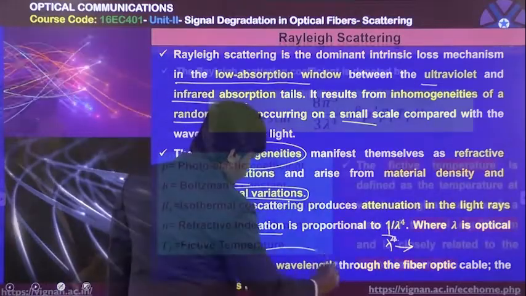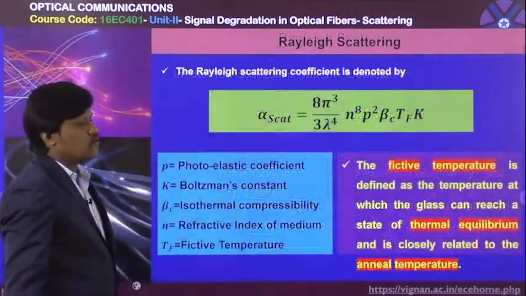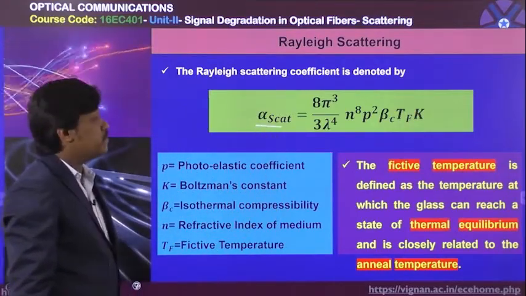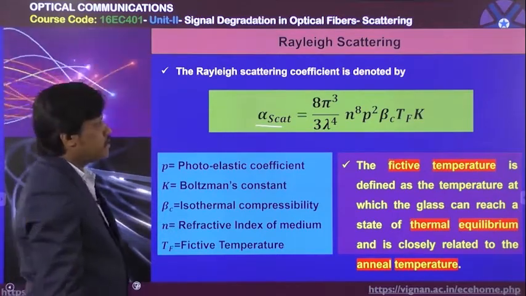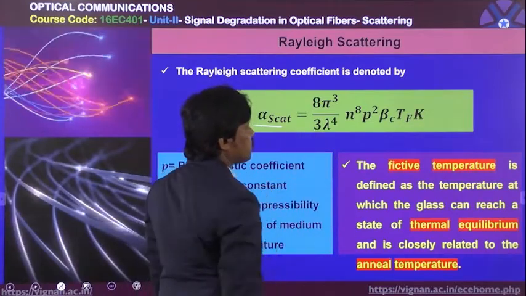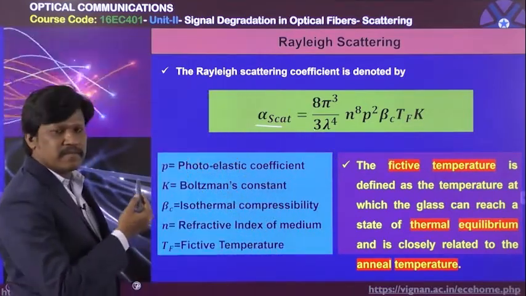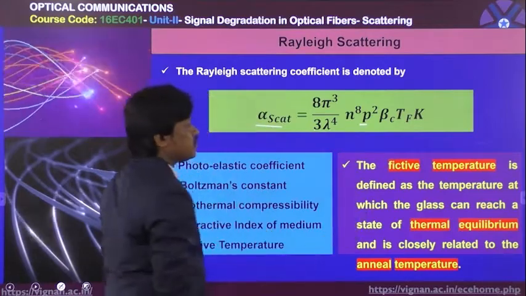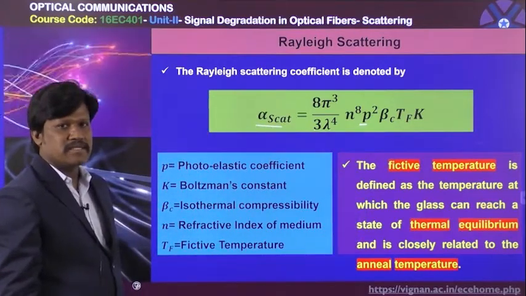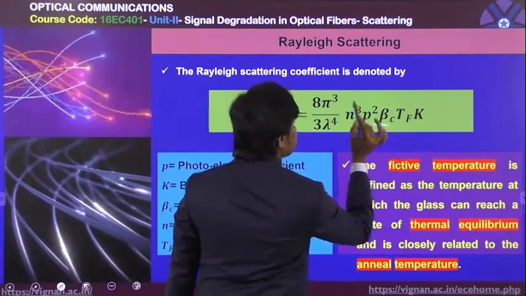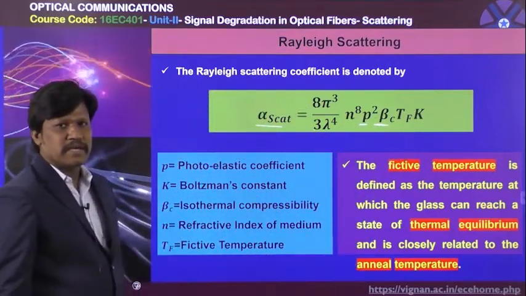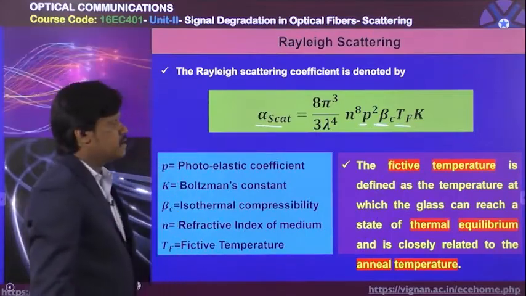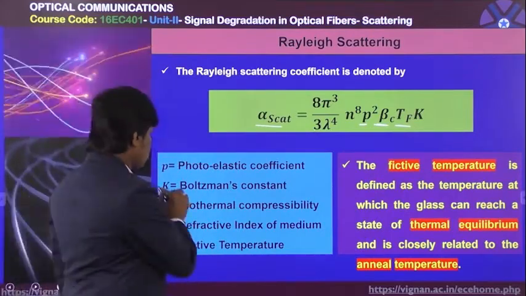The Rayleigh scattering coefficient is denoted by alpha scattering, equal to 8 pi cubed by 3 lambda to the power 4, times n to the power 8, where n is the refractive index of the medium, p squared, where p is the photoelastic coefficient, beta c, the isothermal compressibility, Tf, the fictive temperature, and K, the Boltzmann constant.